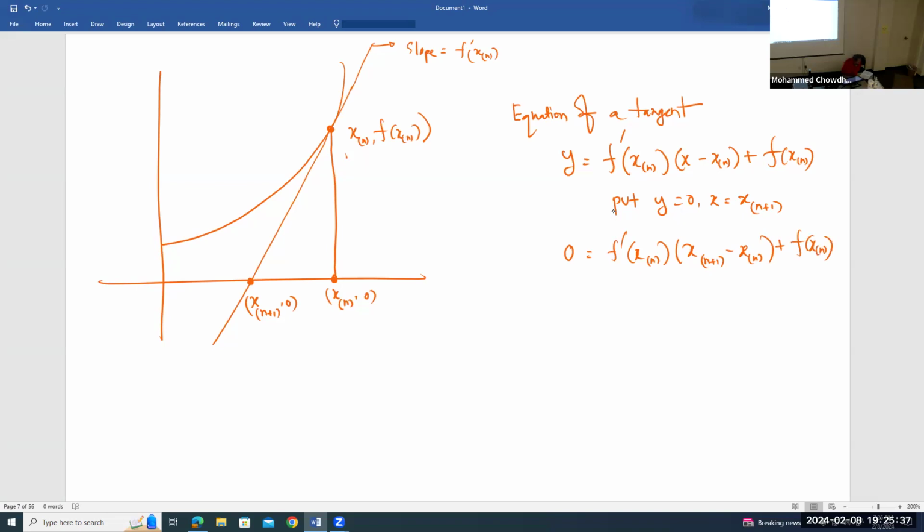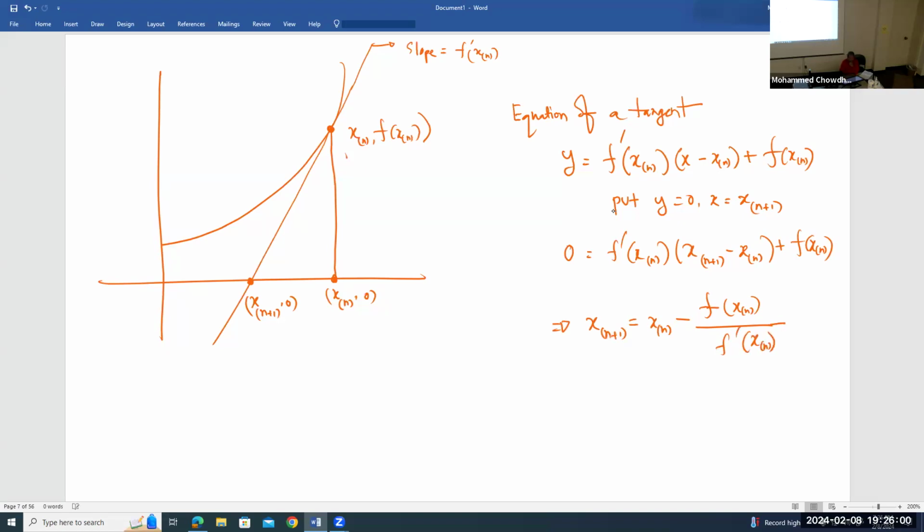From there, I can easily write, doing some mathematical manipulations, xn plus 1 equal to xn minus f of xn divided by f prime of xn.